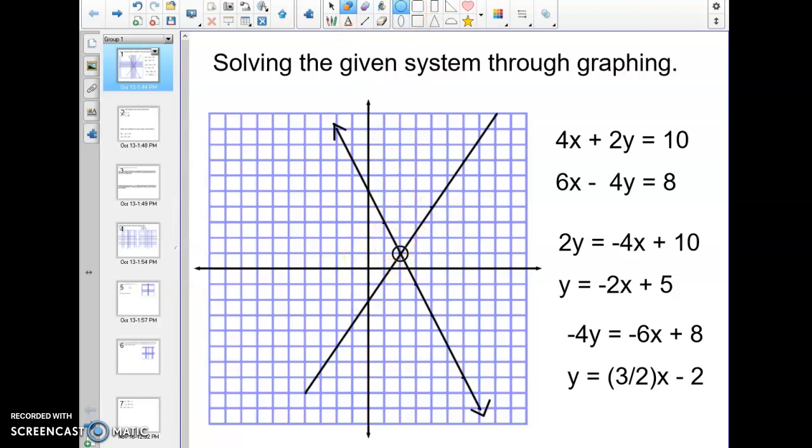And that's at the point (2, 1). So my answer to this question would be (2, 1). That's my answer. A little box around it, so there's no question as to what the answer is.